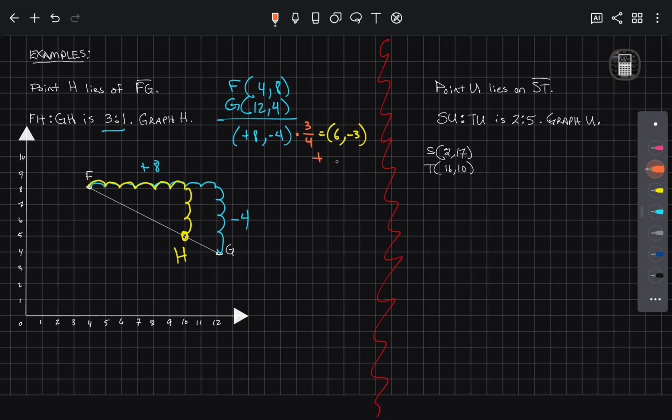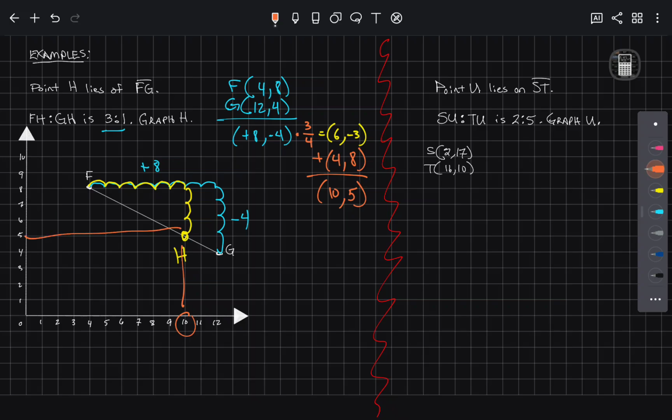So what we need to do is add 4, 8, and that will get us right 6 and down 3 from the point 4, 8. So 6 plus 4 is 10. Negative 3 plus 8 is 5. And you can see that we are at 10, 5 for point H.